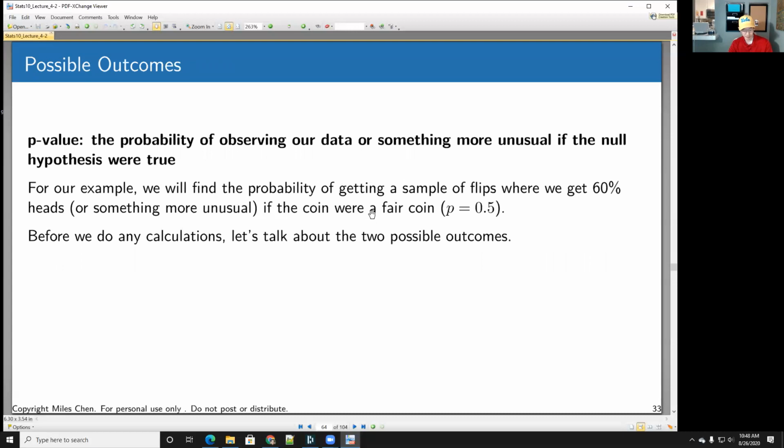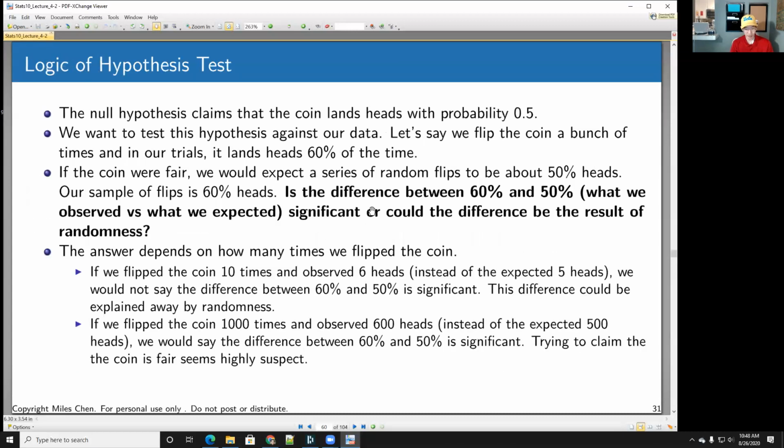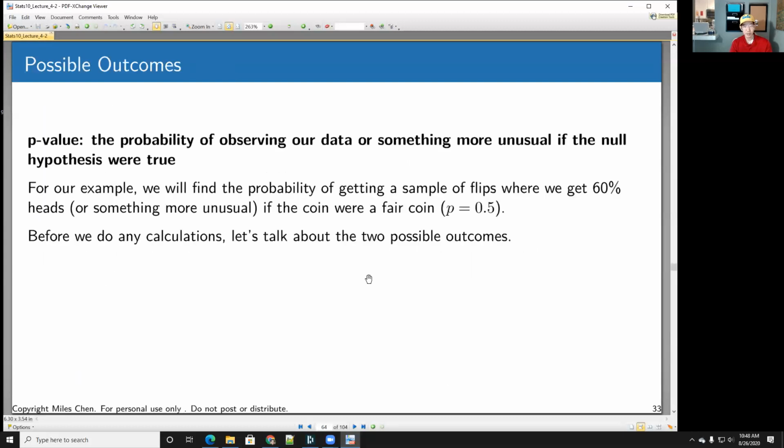If I go back here and say I flipped the coin 10 times and observed 6 heads, the p-value would be the probability of getting 6 heads out of 10 if this is a fair coin.